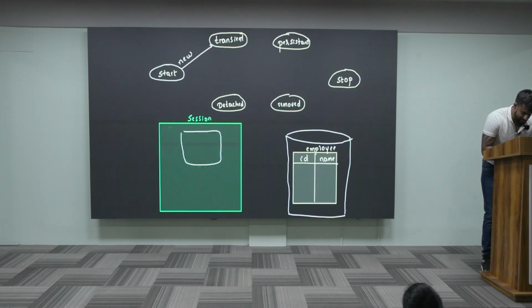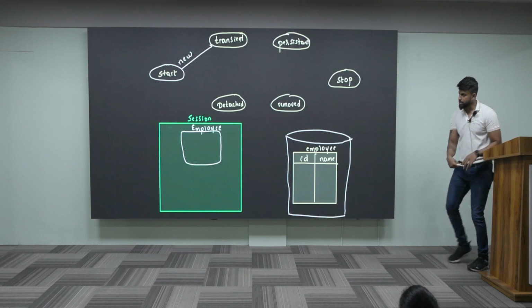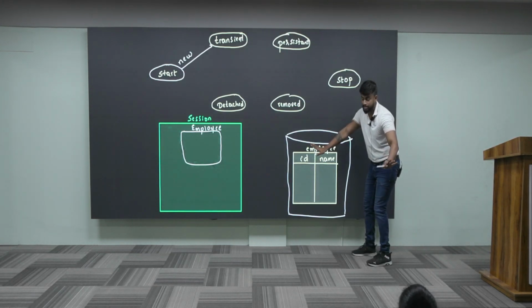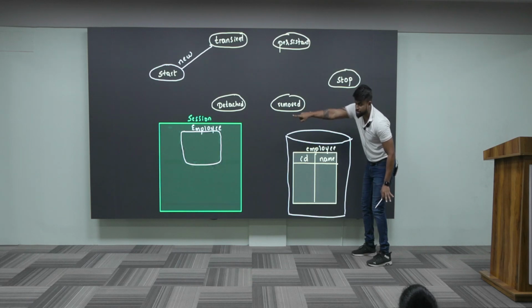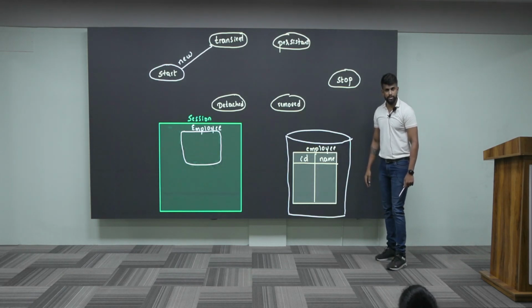Inside the session, there will be an object. This is an Employee object like this. Now you tell me, is data inserted here? Data is not inserted. But has the object been created? Yes. Where is it present? In the session. Understand what I'm trying to tell?